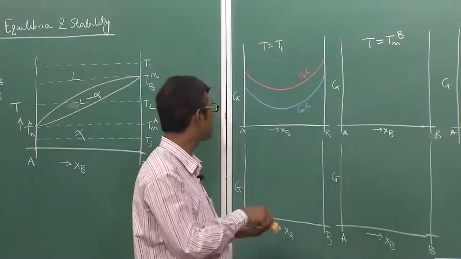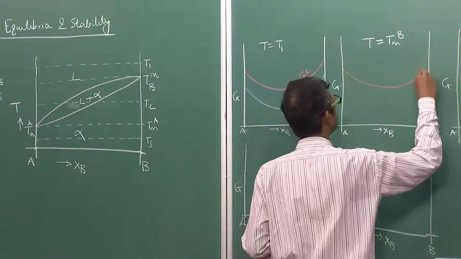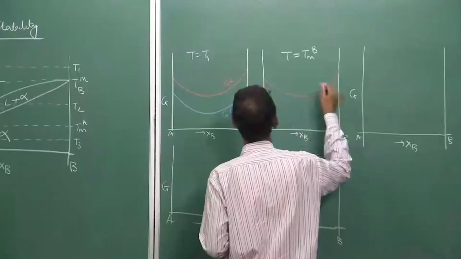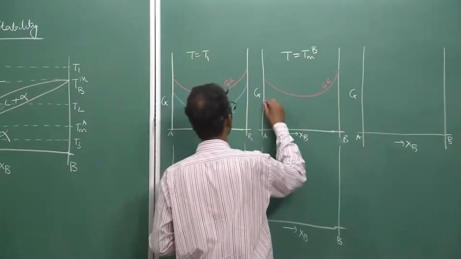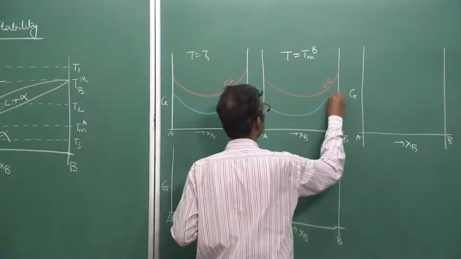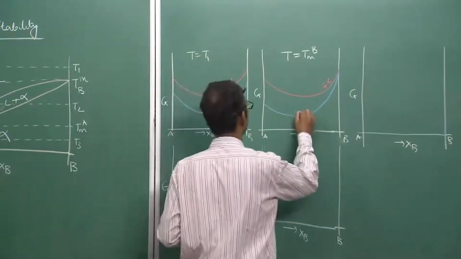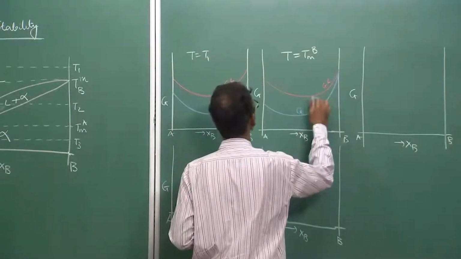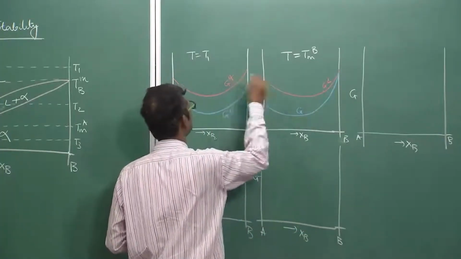So I first draw the liquid. Now I draw alpha, which is stable all through except at the B-rich end. Oops, no, something wrong. This has to be alpha.